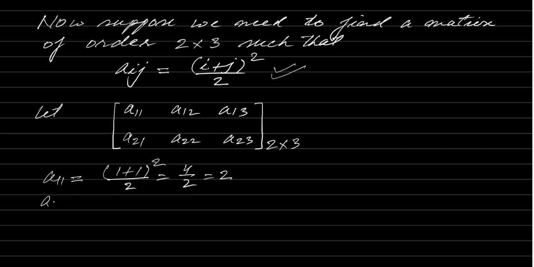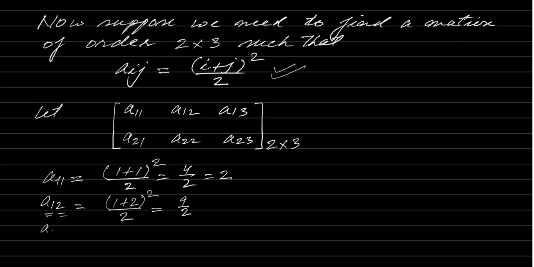Now A12, that is i is equal to 1 and j is equal to 2. Putting these in this relation, (1 plus 2) whole square upon 2. 1 plus 2 is 3, 3 square is 9, so we get 9 upon 2.